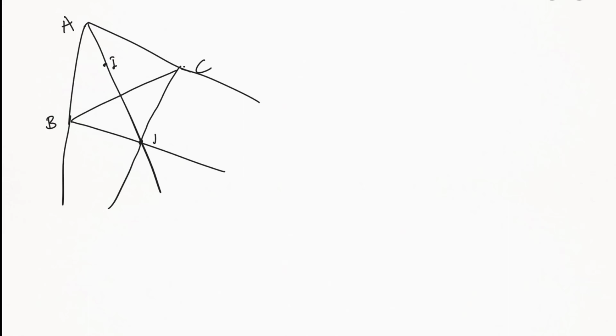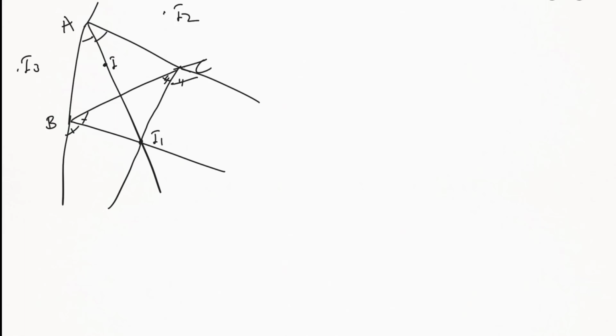This is I, generally we write it as I1, and you can do it with this side also. You will get another point I2. This is I3. These angles are the same, and this is also a bisector.